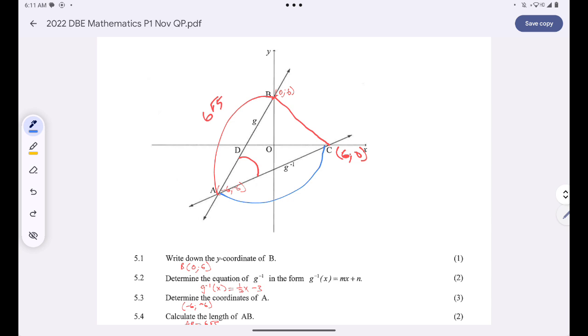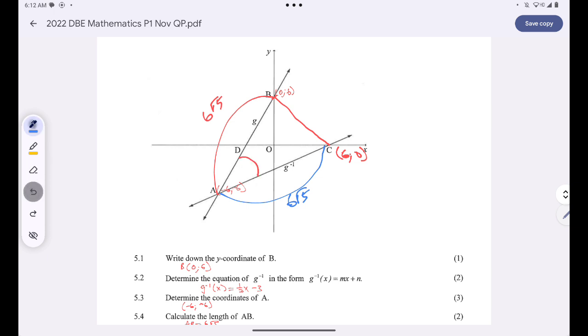I don't need to calculate here because the points are the same. But if you're not sure, guys, please do find the length using the distance formula: x2 minus x1 squared, y2 minus y1 squared. You'll simply get 6 root 5 as well. The only thing I need to find is the angle in between these two straight lines.